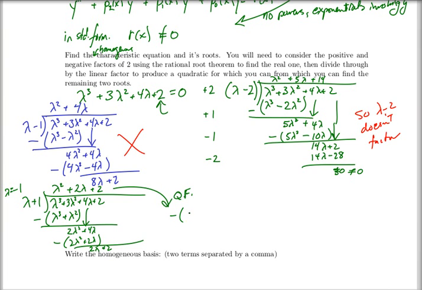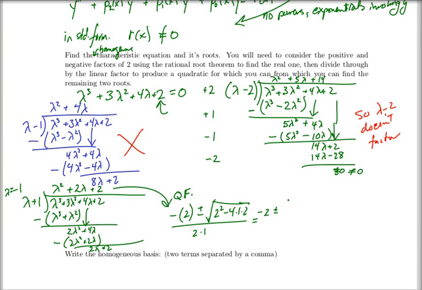Let's go ahead and take this, put it into the quadratic formula, hopefully find those other two roots. It's going to be minus 2 plus or minus square root of 2 squared minus 4 times 1 times 2, all over 2 times 1. So you get minus 2 plus or minus the square root of 4 minus 8. Oh, that's why.